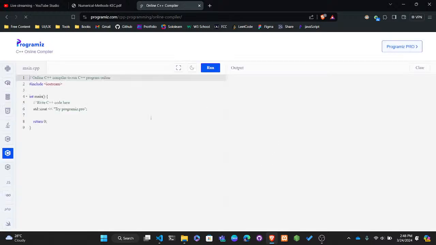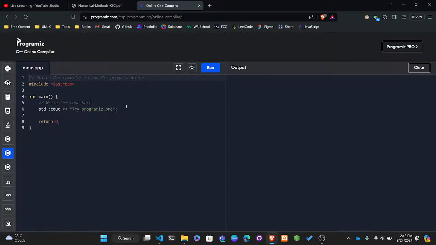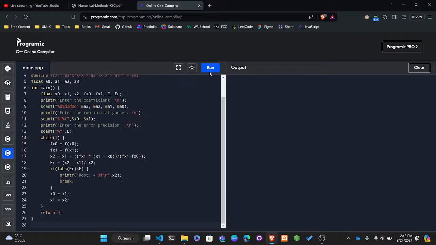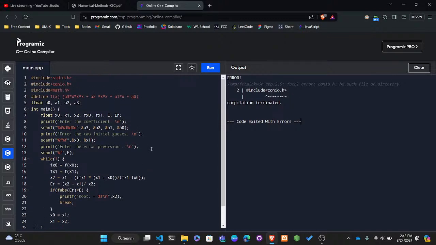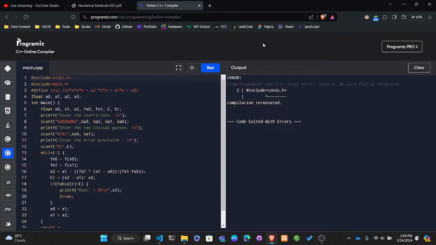Let's check here for a second. Include conio.h. I don't know why this is giving an error here. I think this is not supported here.